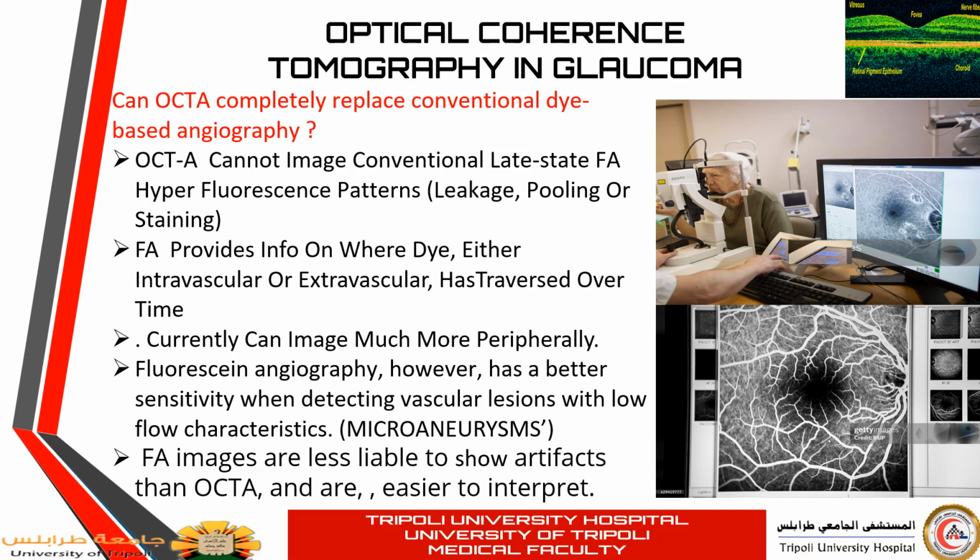So the currently available OCT angio visualizes the central 20 or 25 degrees of the retina. However, with fluorescein angiography, we can visualize even the peripheral part of the retina if there is any peripheral neovascularization. So fluorescein angiography still has a role in ophthalmology practice, and it has some advantages over OCT angio to some extent.